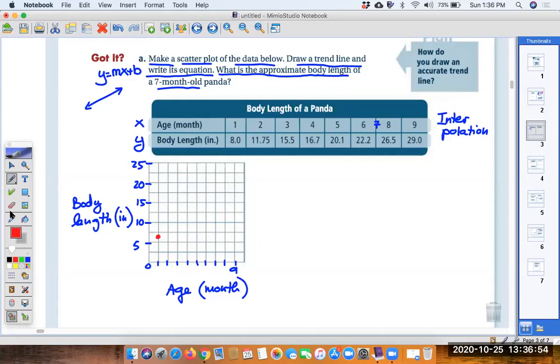1 and 8. Is that about right? No. 1 and 7.5, so about here. 2, 11.75.